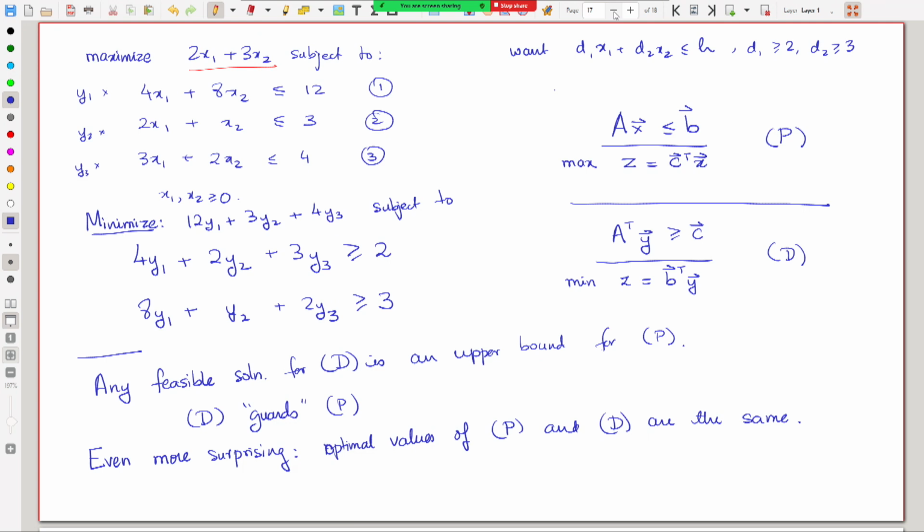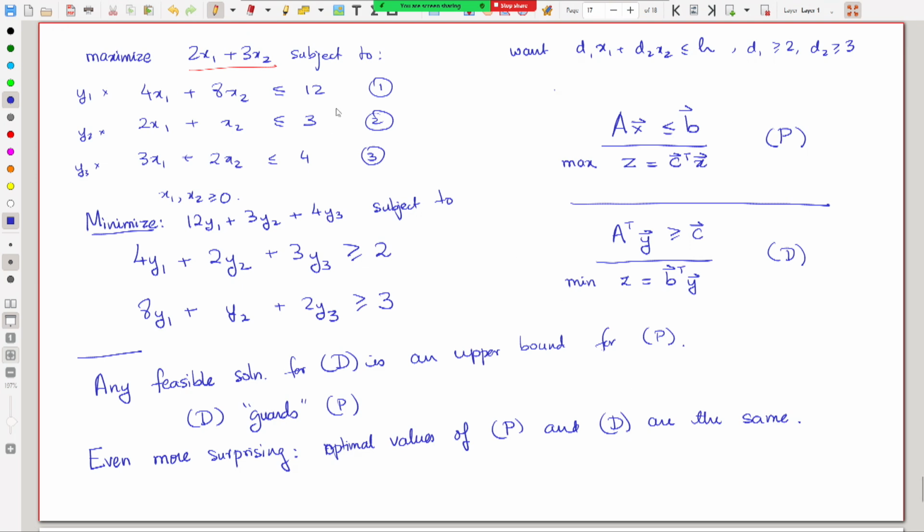Yeah. Okay. So it will always be that the maximum value for P is equal to the minimal value for D. So you don't have to worry about least upper bound and so on, because these are the set of possible values that this objective function can take. It's going to be bounded above and it's going to be closed, because these inequalities are all weak inequalities.